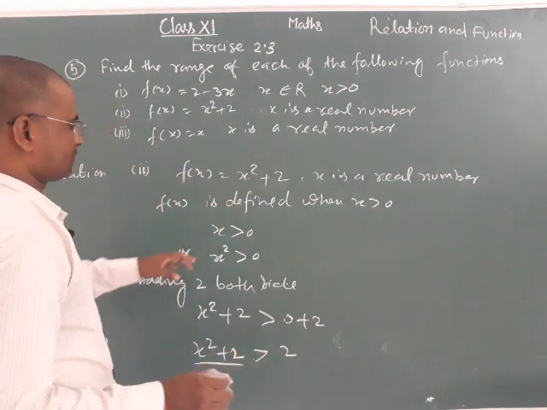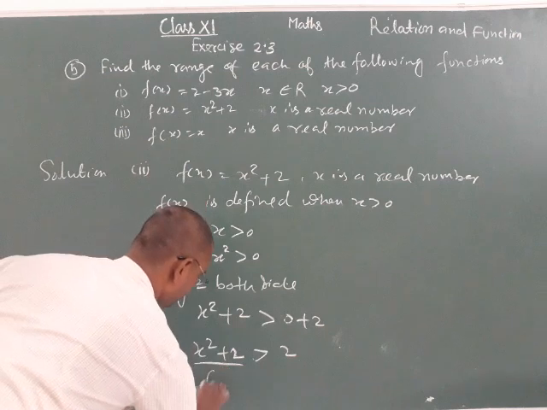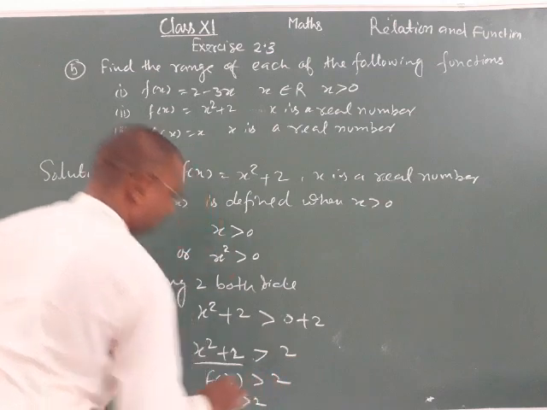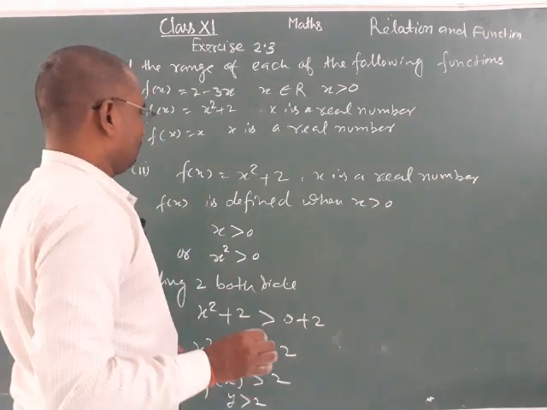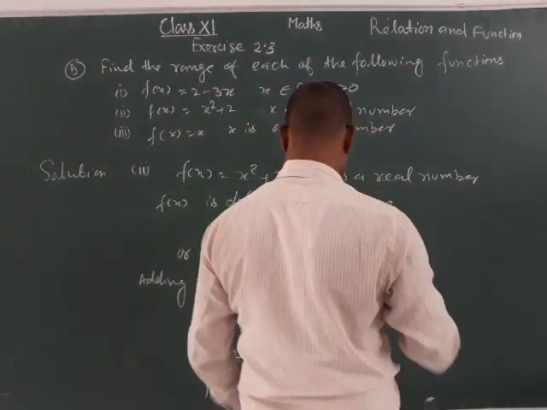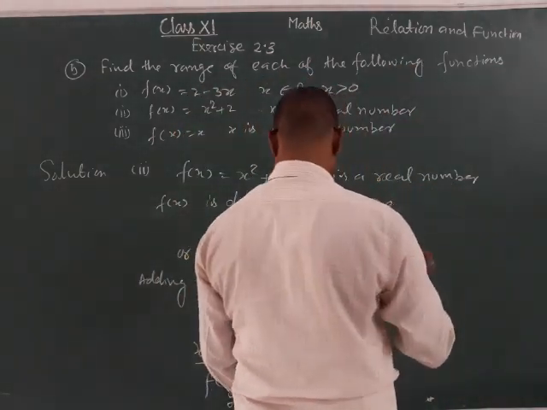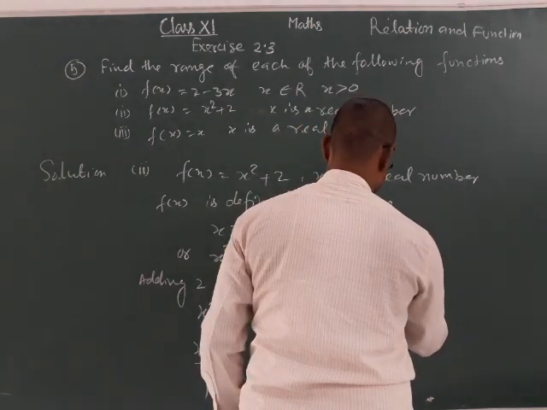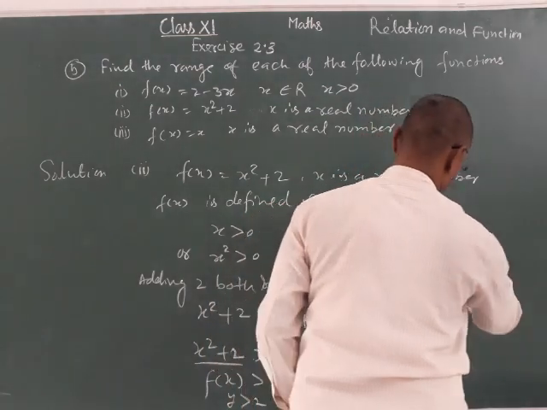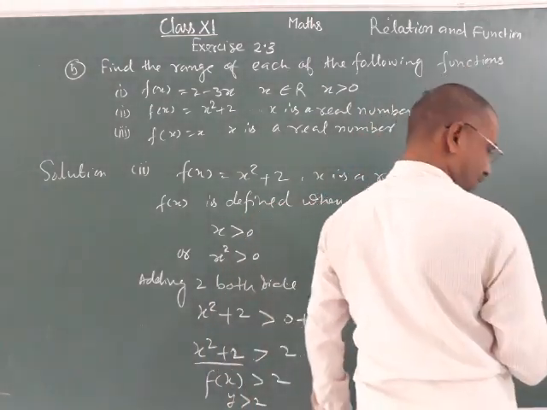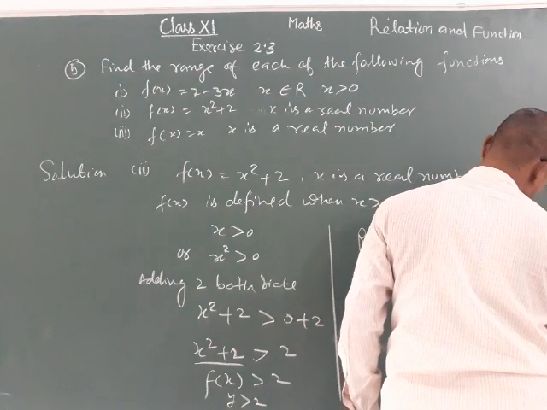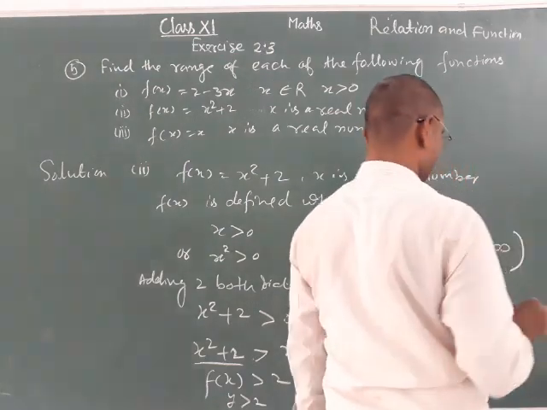So x square plus 2, which is y equal to f(x), is greater than 2. So the range R_f is equal to 2 to infinity, an open interval to infinity.